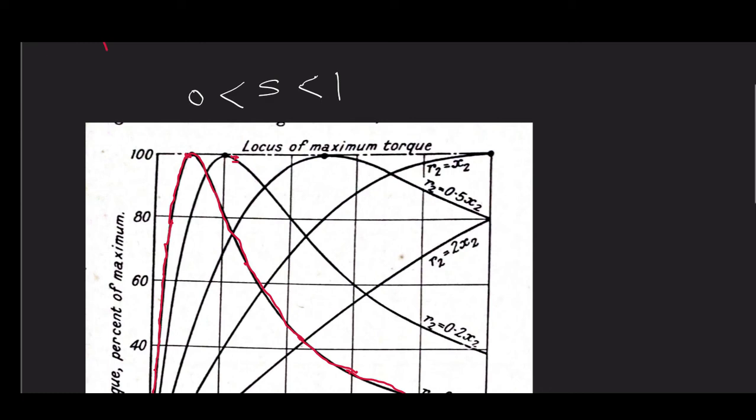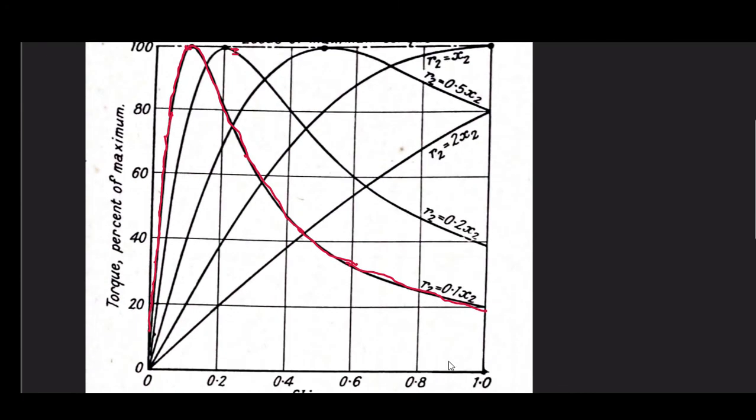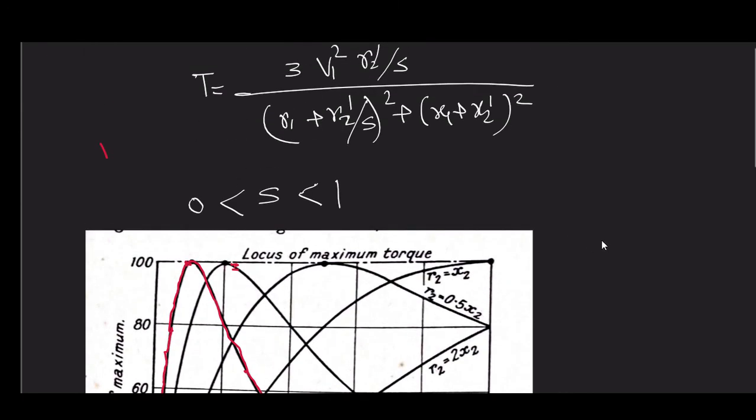So before we explain this peculiar shape of this torque-speed curve, I would like to find out the expression of maximum torque. In order to do so, we can do one simple manipulation: instead of dealing with this R2 dash by S, let us replace it by RL.